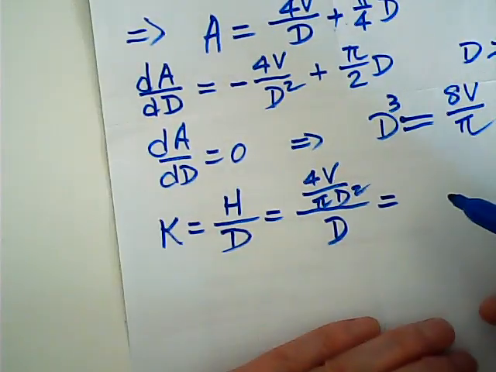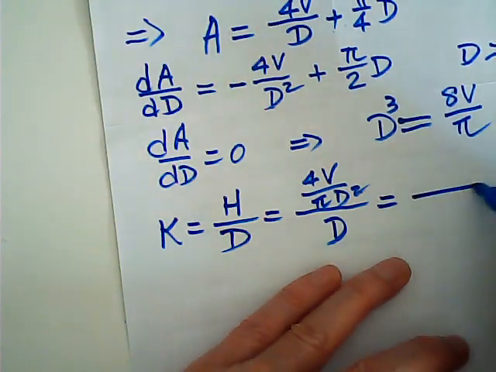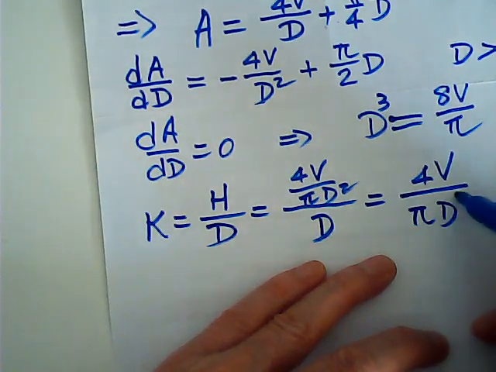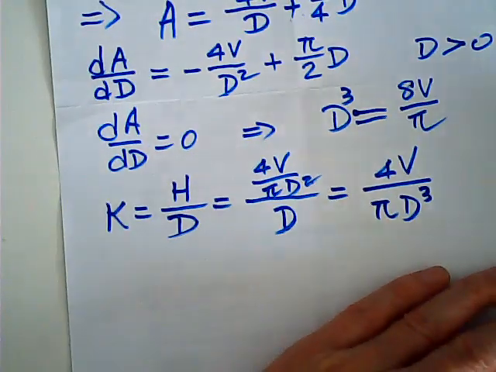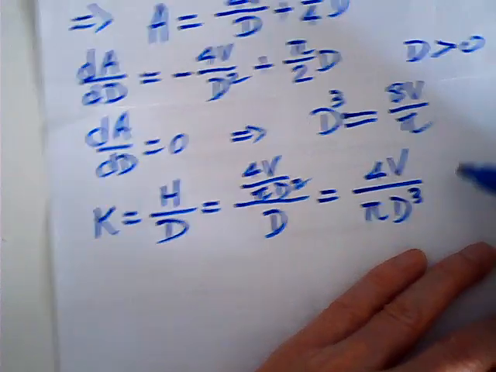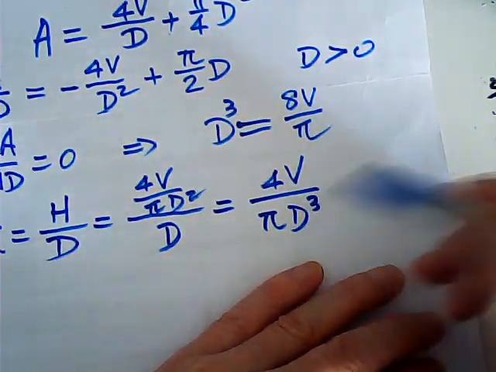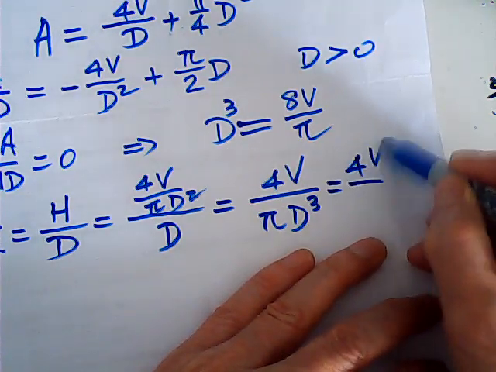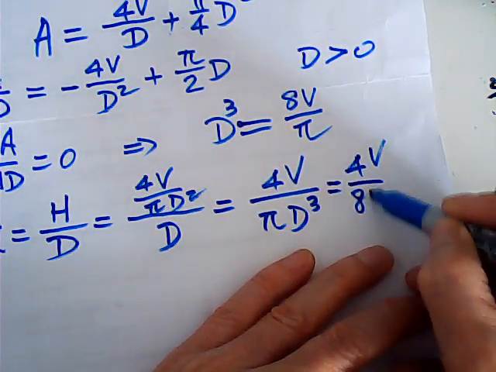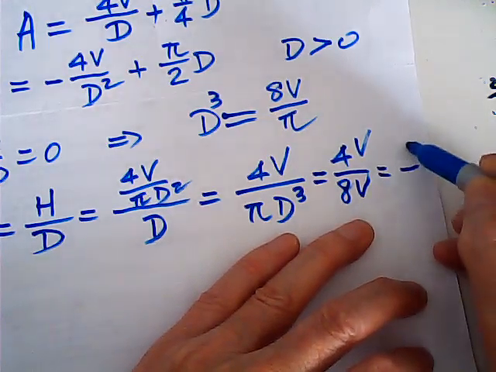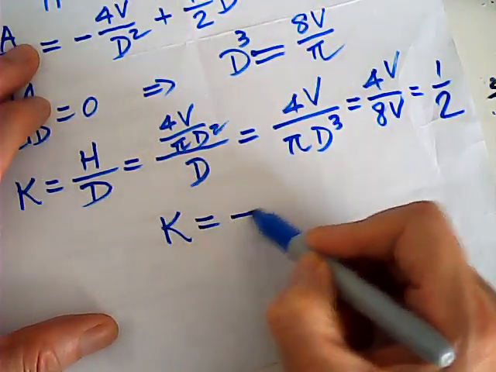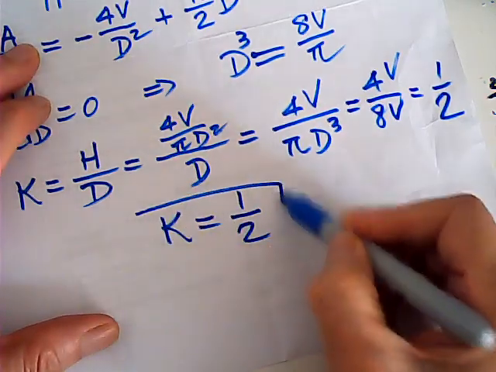So this is equal to 4v over pi d cube. And we plug d cube in over there, right? Therefore it equals 4v over 8v, so this is equal to 1/2. So finally we get our solution, k is equal to 1/2.